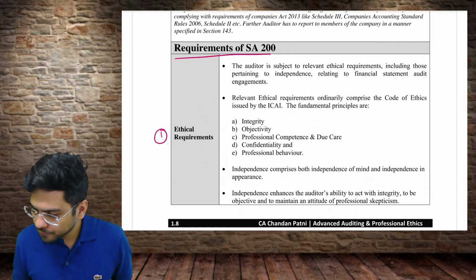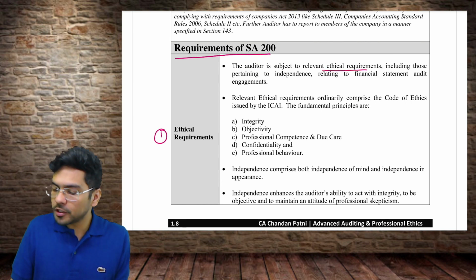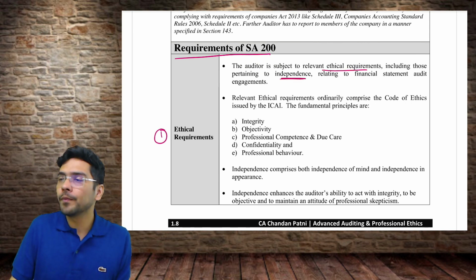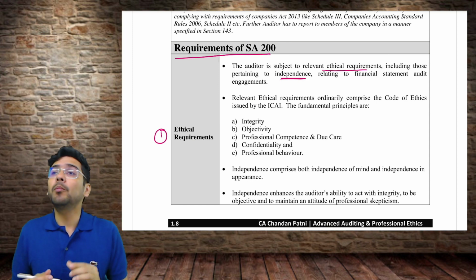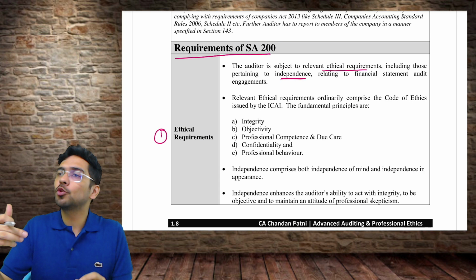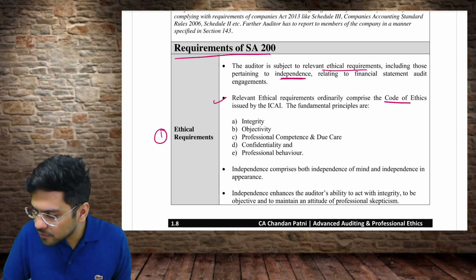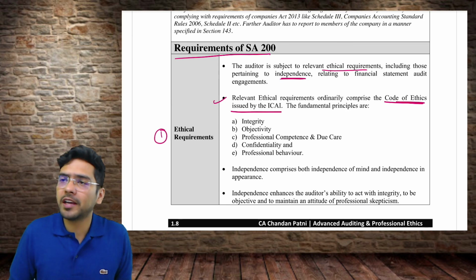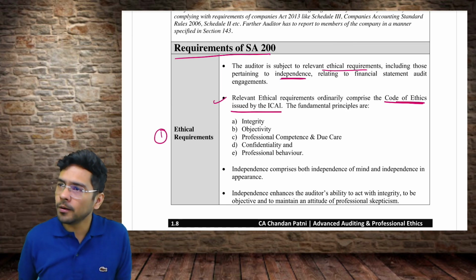Now this basically means the auditor is subject to relevant ethical requirements, including those pertaining to independence. When I say ethical requirements, what does it mean, guys? It means the code of conduct issued by ICAI. So relevant ethical requirements ordinarily means compliance with the code of ethics issued by ICAI. The code of ethics we are going to cover separately, and we also have a chapter on professional ethics.